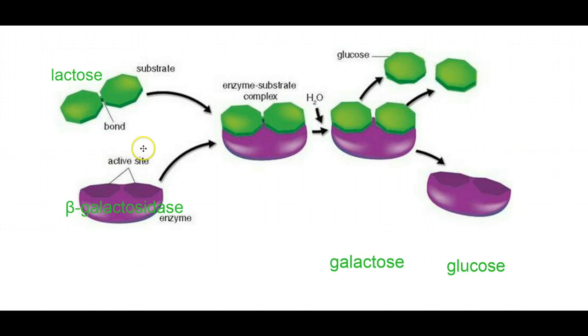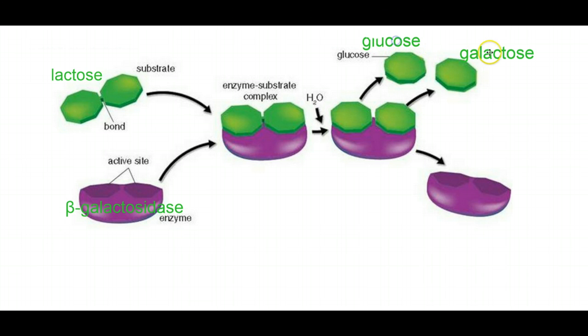The purpose of beta-galactosidase is to break down lactose into glucose and galactose. Lactose is made up of the two simple sugars called glucose and galactose, and in order to break it down when you drink milk or have any dairy products, it requires this enzyme here.